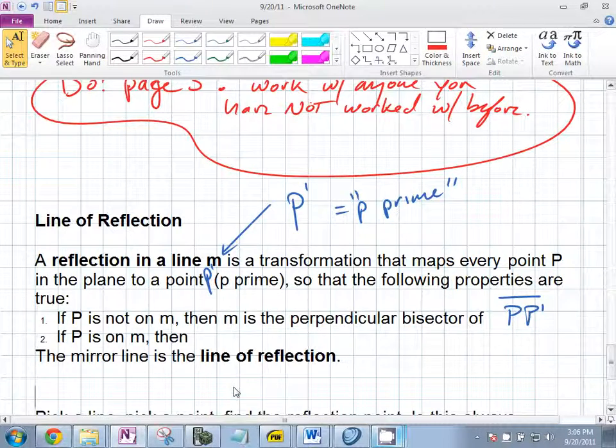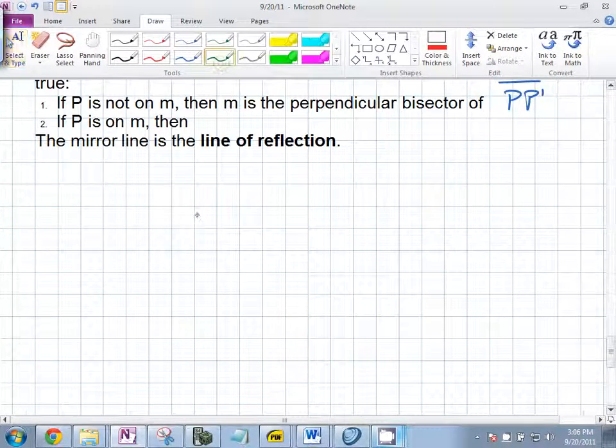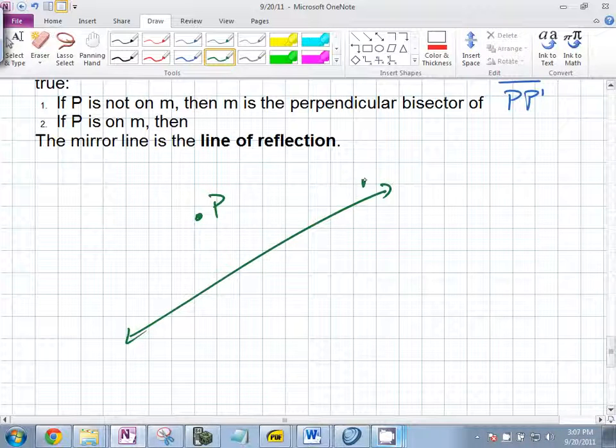If I have a point P and a line M, here is P prime. M is the line of reflection if, when I connect these two, and that's a really poor bisector right there, let's put it right here, what angle does it have to form? 90.